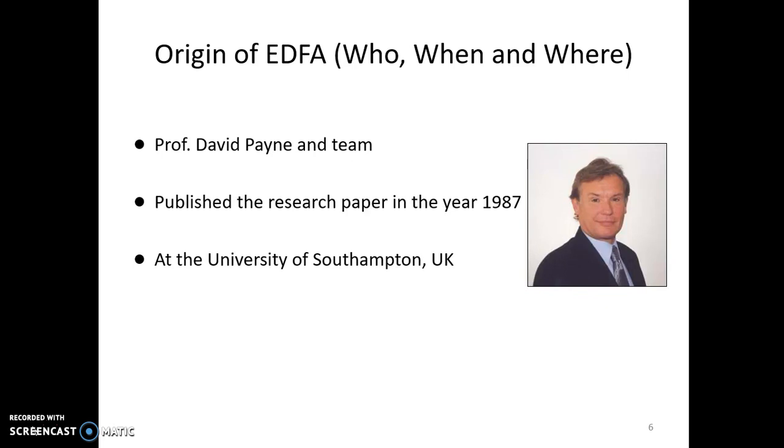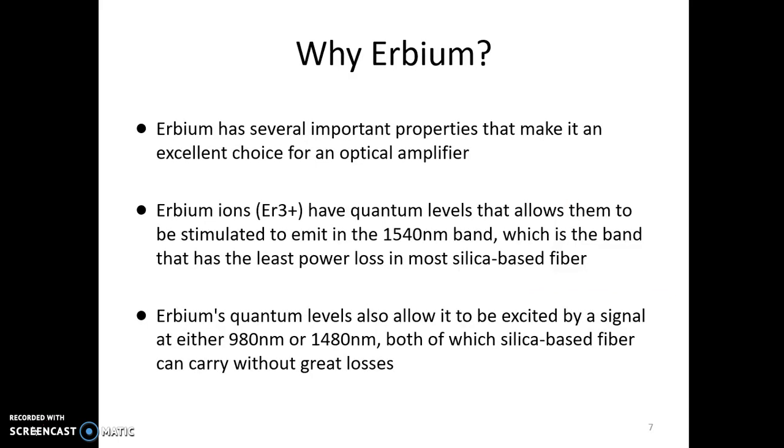In 1987, Professor David Payne and his team published the research paper on the EDFA at the University of Southampton in the United Kingdom. So why is erbium used? Erbium has several important properties that make it an excellent choice for an optical amplifier.